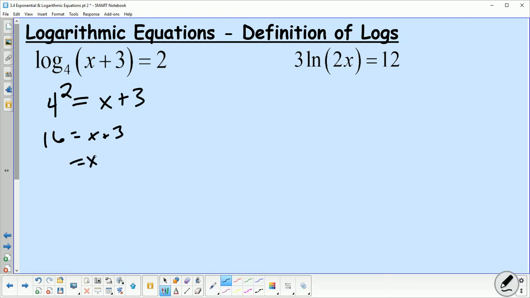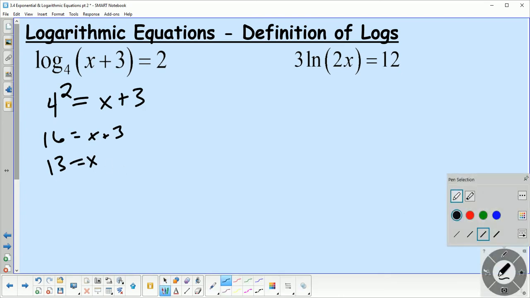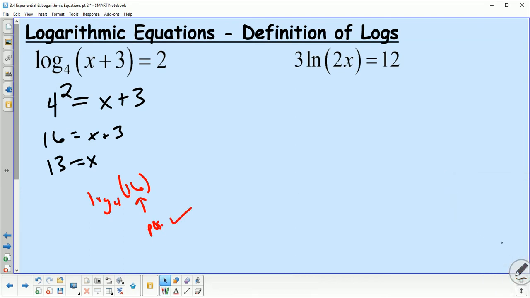Subtract 3 from both sides, and we get that x is equal to 13. And here we would check. I'm going to take that 13, plug it back in. I have log base 4 of 16, and this is positive, so we're good. That's the big part about checking.